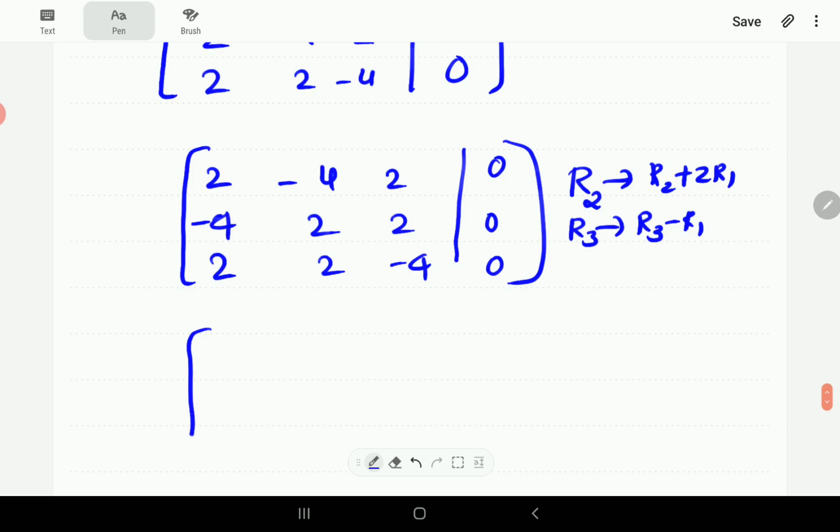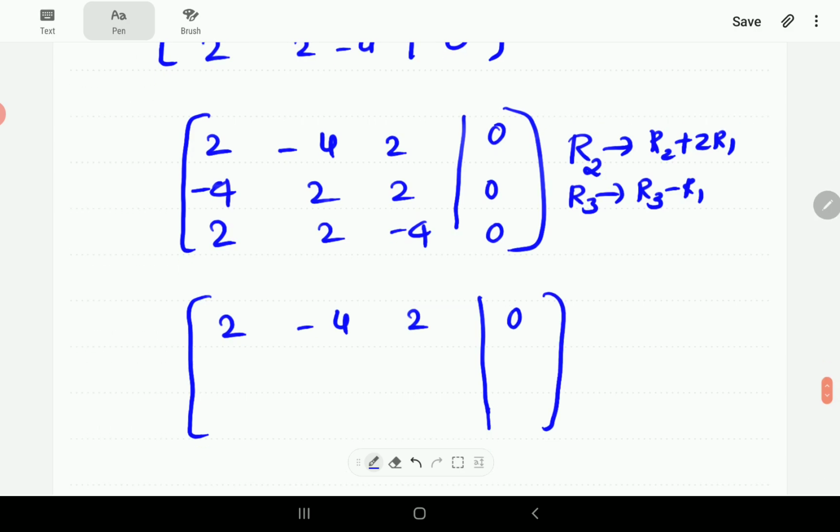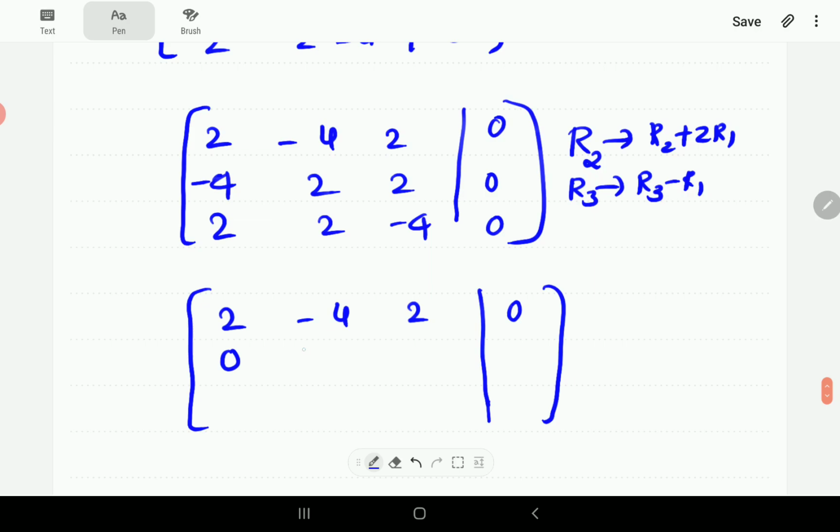So this will be 2, negative 4, 2, 0. Negative 4 plus 4 is 0. Then 2 minus 8, that is minus 6. 2 plus 4, that is 6, and this is 0. Then R3: 0, then 2 plus 4, that is 6. Minus 4 minus 2, that is minus 6, which is equal to 0.